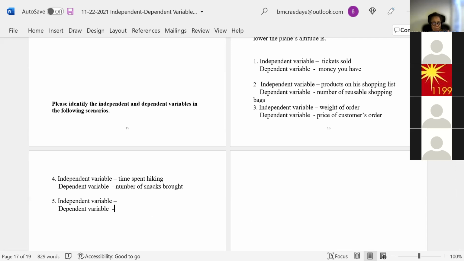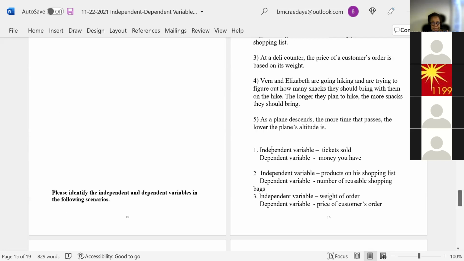Okay, the choices here for independent and dependent, let me go back up. As a plane descends, the more time that passes, the lower the plane's altitude. So one of your variables is the time that passes. The other one is the plane's altitude.